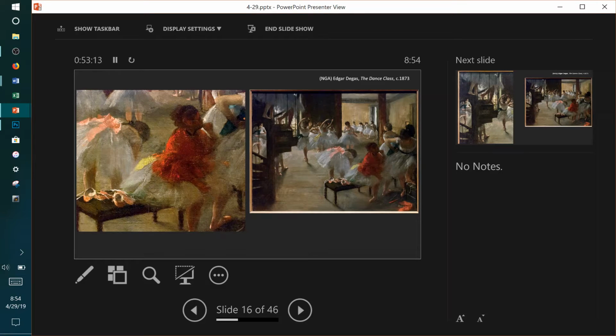Now, his brushwork, very much like Monet's, is broken and open and unblended, right? So when he paints the tutus or the ribbons or the coats over the top, as we get closer to them, we can see the act of painting.